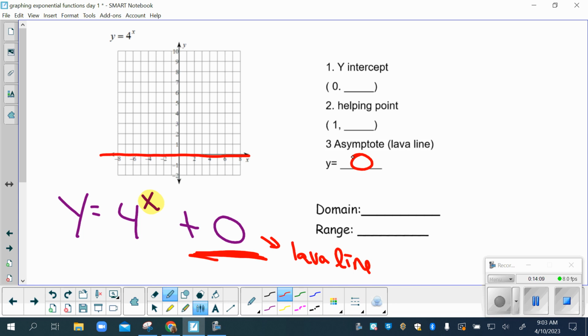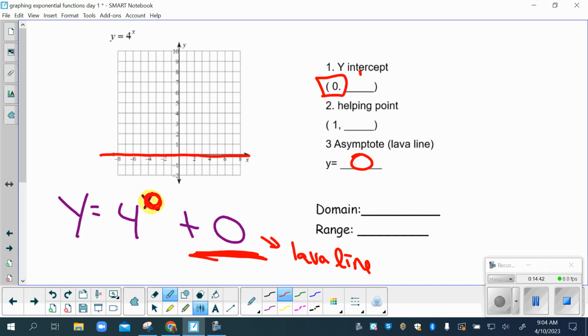Now, I need 2 more things to know how my J works. What is my J going to look like? It's super easy. We're going to just use 2 more points. We're going to start by plugging in 0. So let's plug in 0 right here. 4 to the 0 is 1, and plus 0 is 1.